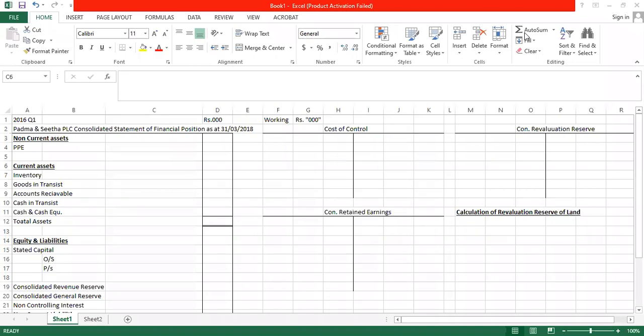And the third term they are asking is control. Even in the last day's slides I told you what control is.